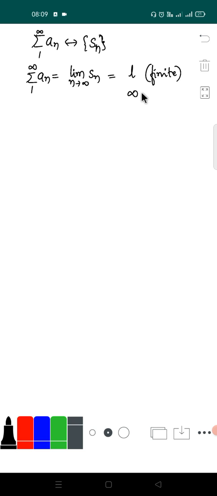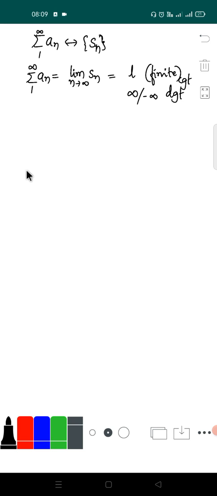If it is either positive infinity or negative infinity, you say that it is divergent. Or, if you cannot conclude that it is either convergent or divergent, then you try to determine whether it oscillates finitely or infinitely.